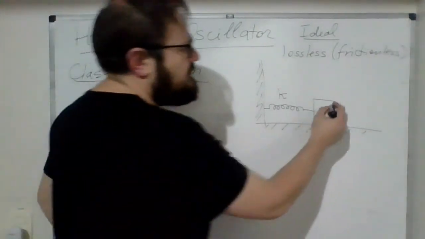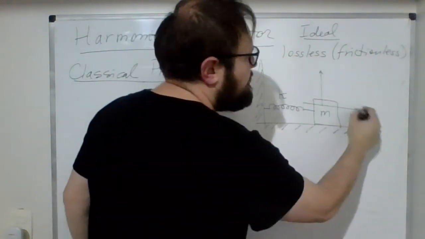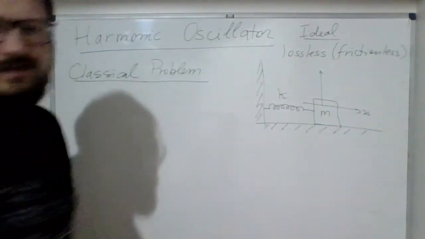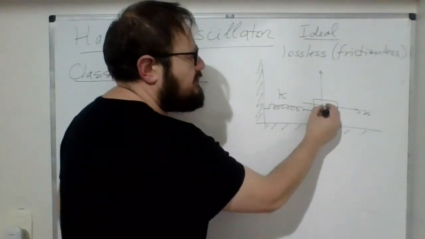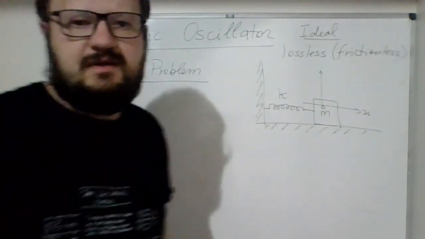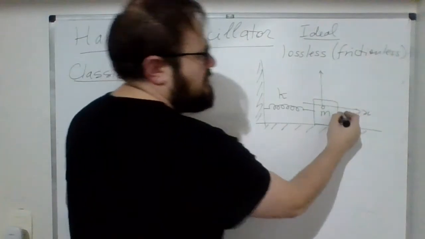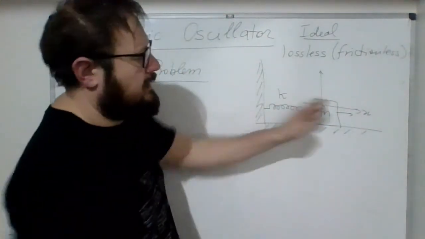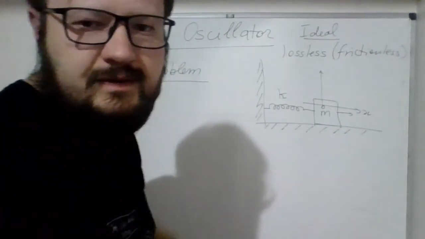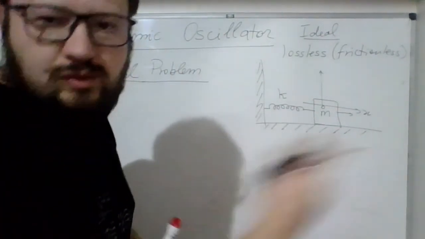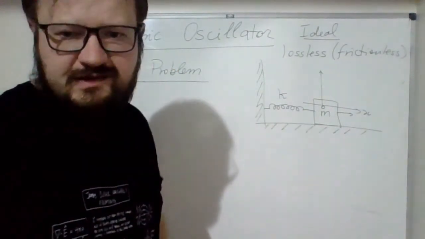Suppose here we attach some reference system. So this is the x axis. Zero corresponds to the equilibrium position, and you can pull the mass, and it will oscillate, all right, along the x-axis.